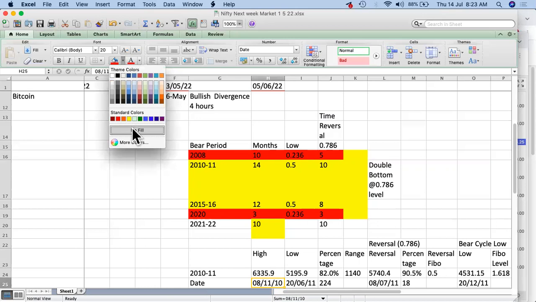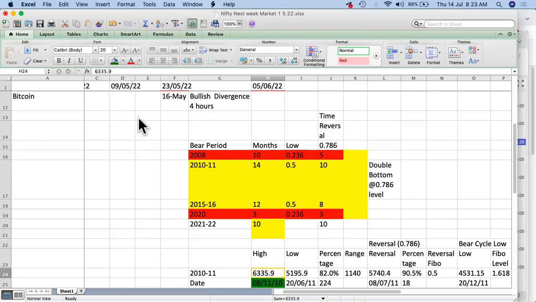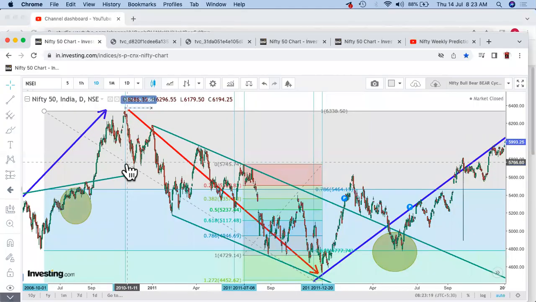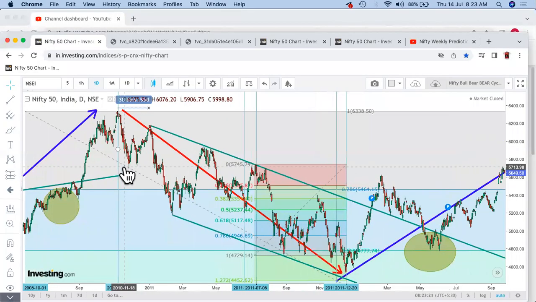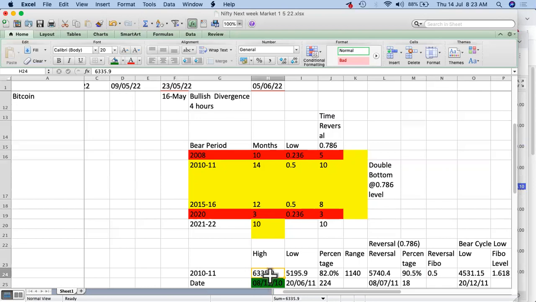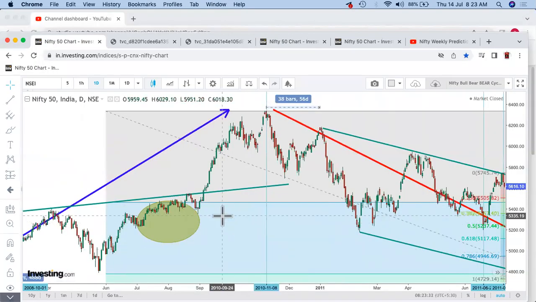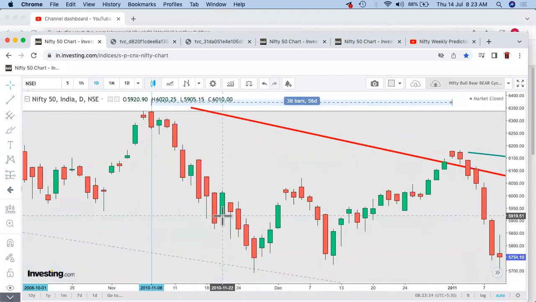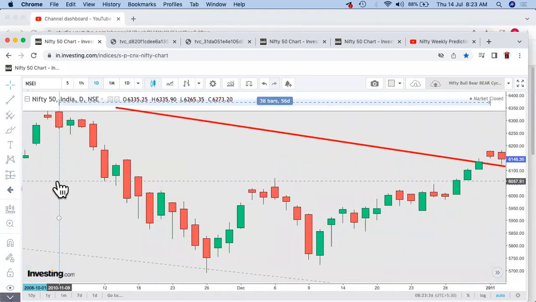I'll just mark this, and let's shift it to another color, green color maybe, right? Let's try to find out what the high level was. It was 6338.5. So 6335.9. Okay. So this is the high.